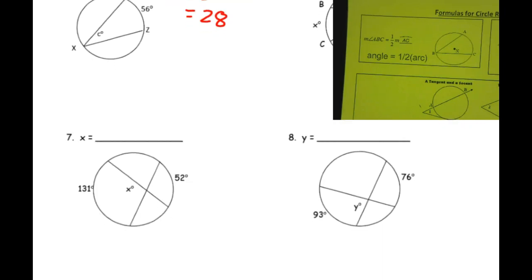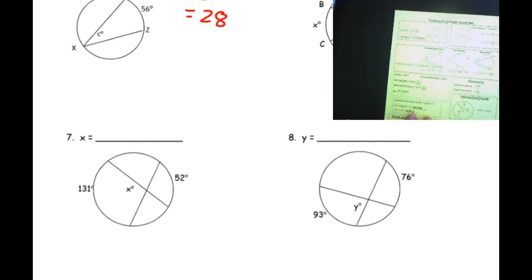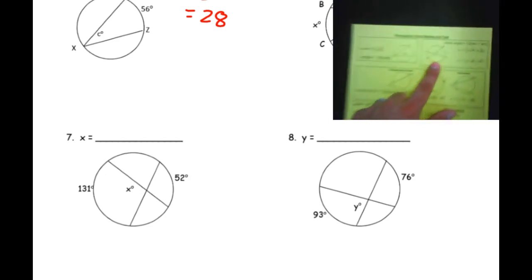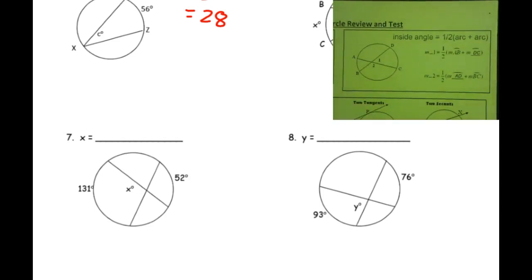Down here, now these angles are on the inside. So again, you're looking at your formula chart, and you're wondering, where do I see angles on the inside? Right here. Okay, so the top right section, what does it say? Inside angle equals 1/2 arc plus arc. So let's do that. Inside angle is x equals 1/2, and then it's arc plus arc. 131 plus 52.